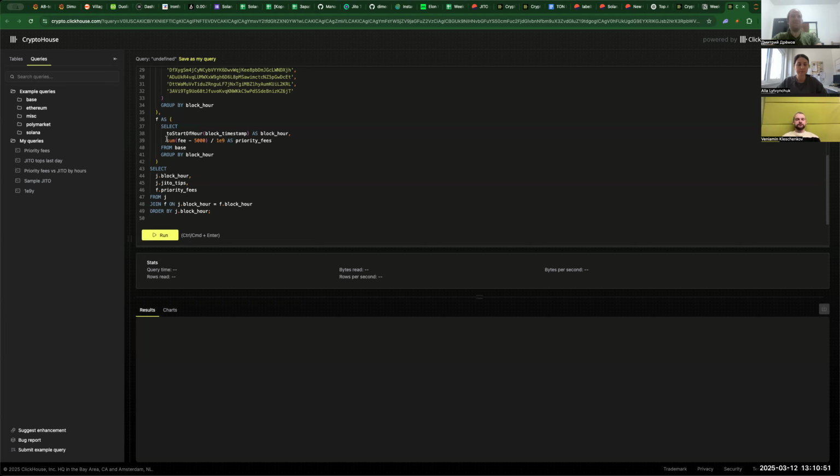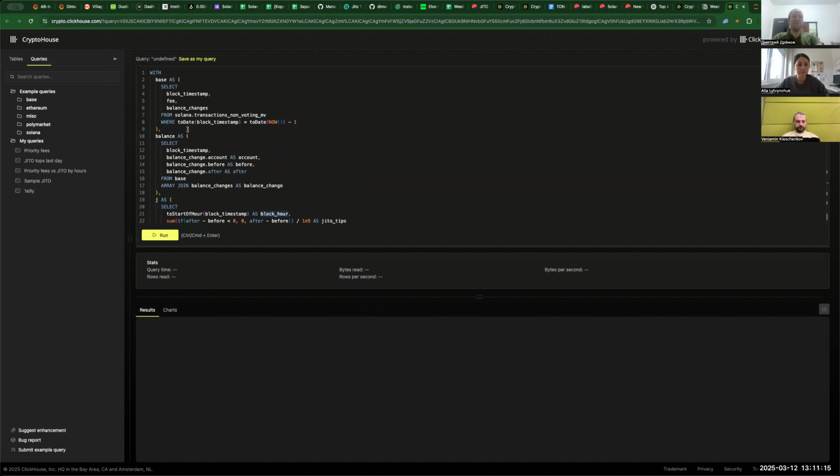Here, we summarize all the fees, subtracting from each fee the basic fee of 5,000, which is not a priority fee. And then we aggregate by the hours. That's basically it for priority fees, which was a very simple thing.